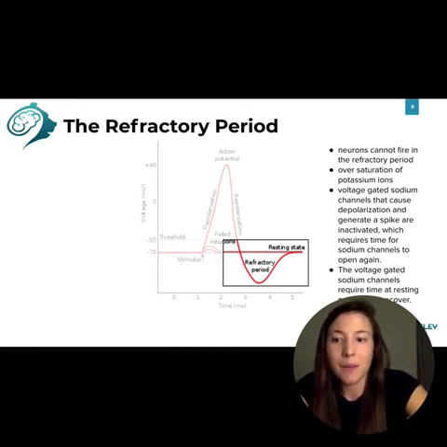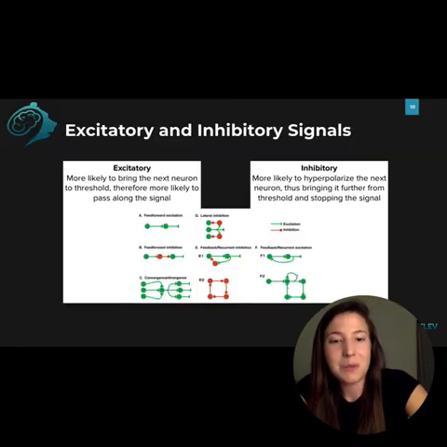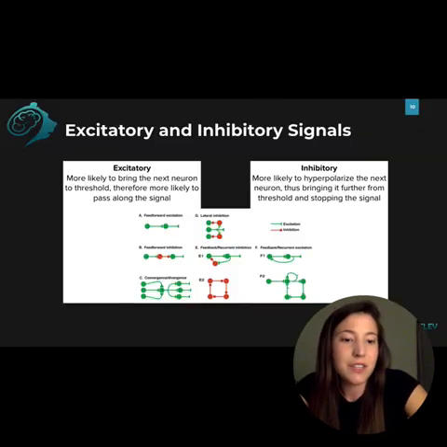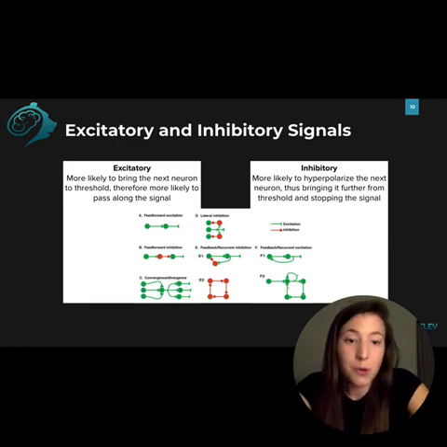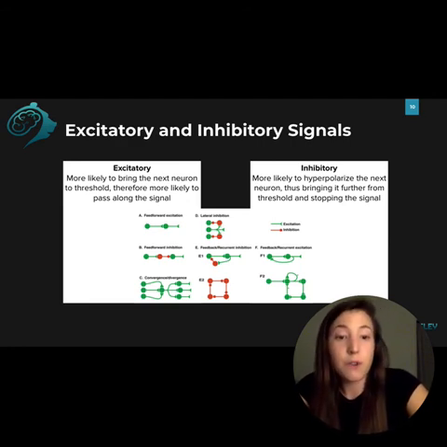So very important. Next we have, yes, we talked about this last time, how there can be excitatory and inhibitory signals. An excitatory signal is more likely to bring the next neuron to threshold and therefore is more likely to pass along the signal. And the inhibitory signals are more likely to hyperpolarize the next neuron, which brings it further from threshold and it stops the signal.